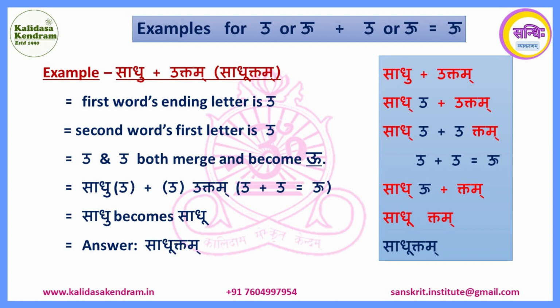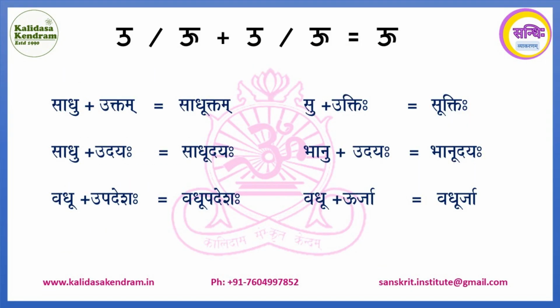So u plus u both merge and become ū. Sadhu, the ending letter is u, and then Uktam, the first letter is u. U plus u becomes ū. Sadhu becomes Sadhū. The answer is Sadhūktam. It is well explained in the box. You can see. Now we move on to some more examples for this third rule.